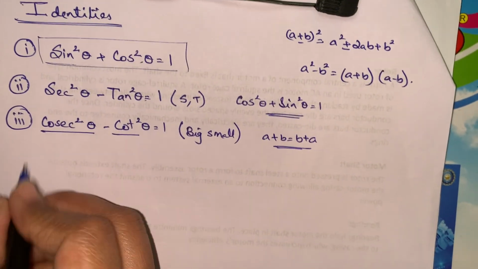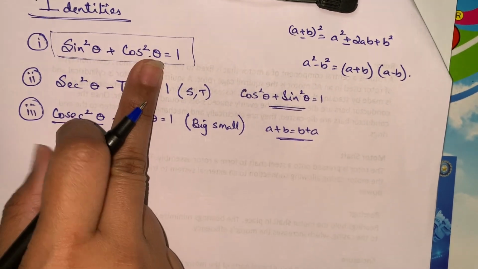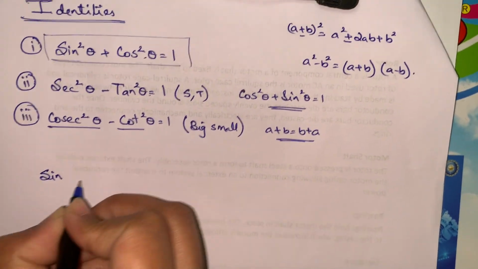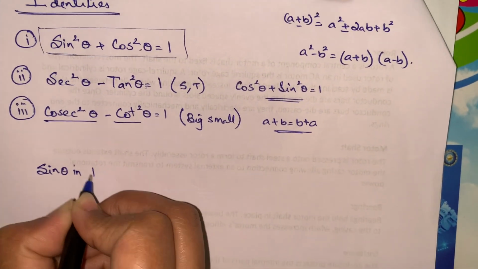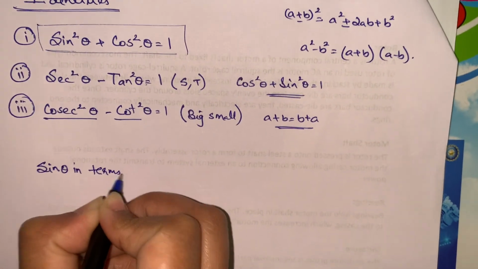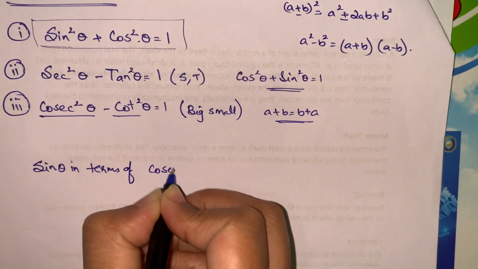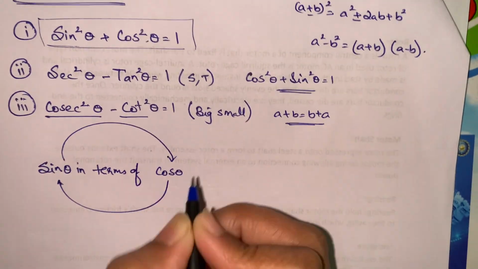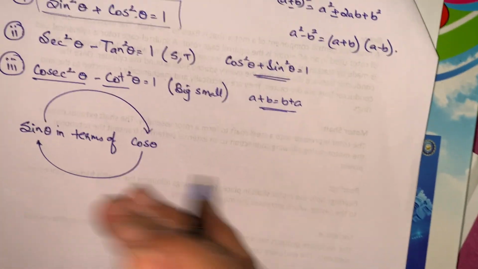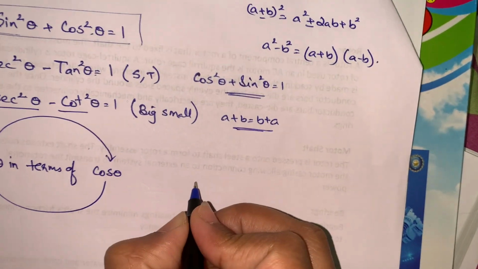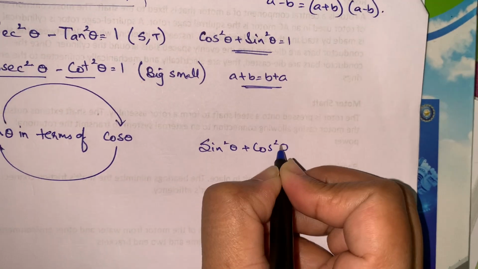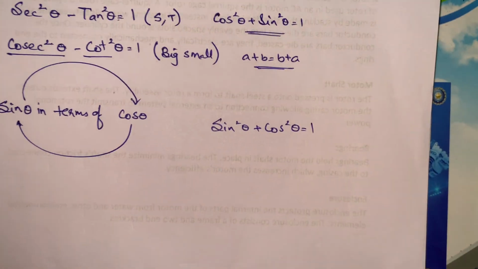The first thing is, I can write sine theta in terms of cos theta, and vice versa, this way as well as this way. Now let's see. I'm going to show you one and then we'll proceed with the questions. If I have sine square theta plus cos square theta is equal to 1, isn't it?